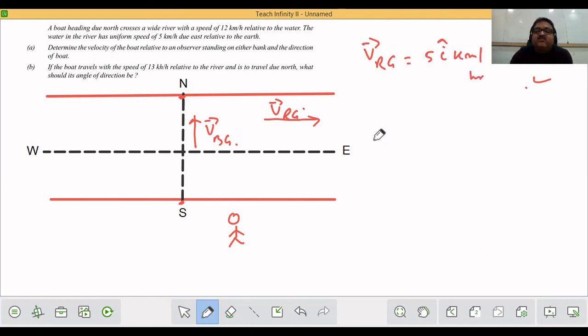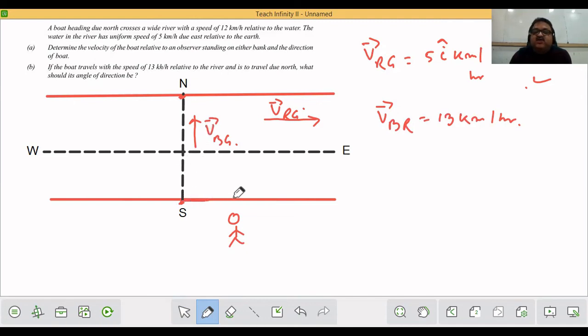Now look, the velocity of the boat with respect to the river is 13 km per hour, but the problem is we don't know along which direction it will be. Correct? But it is given that the resultant would be along this direction. The resultant means the velocity of the boat with respect to the ground would be along this direction. So it is very simple. Correct? You can do it like this.